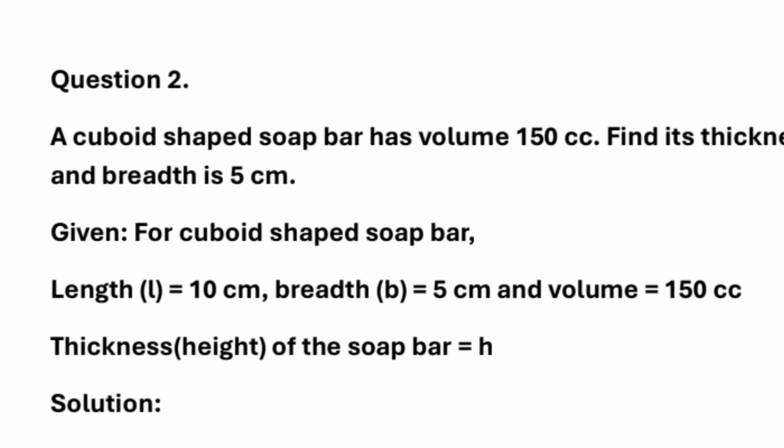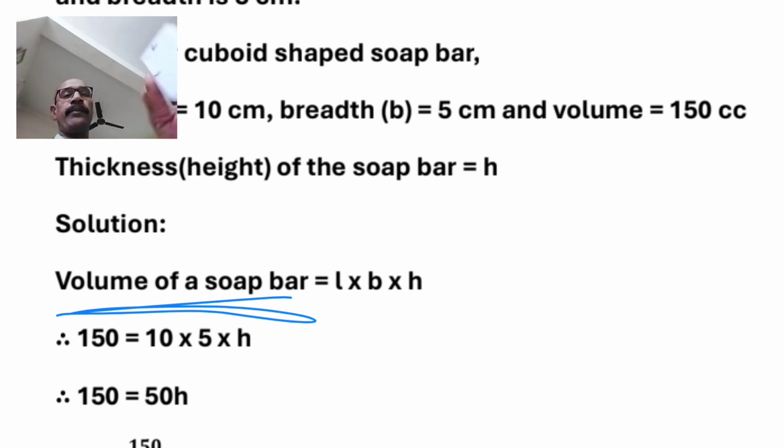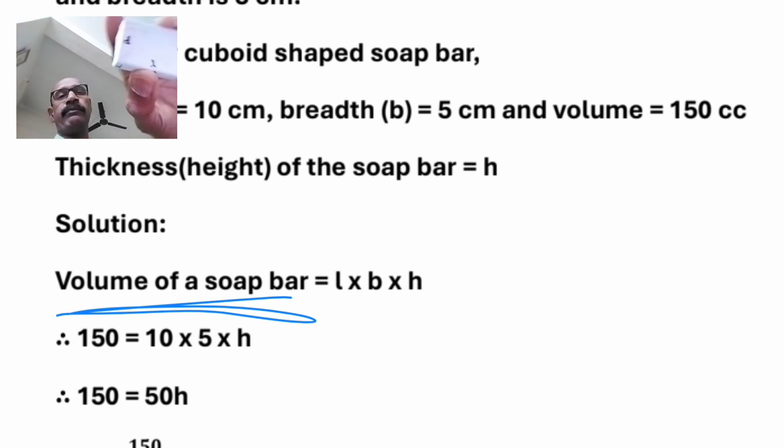By using formula for volume, volume of a soap bar is equal to L into B into H. This is the cuboidal box here, but we consider this is a soap bar. Then it has a length, then breadth at the bottom. This is length, this is breadth, and this is the height.